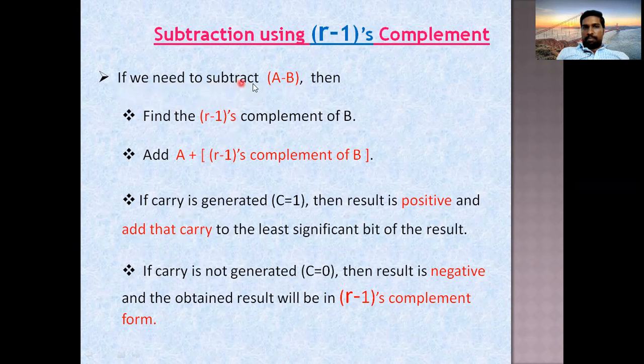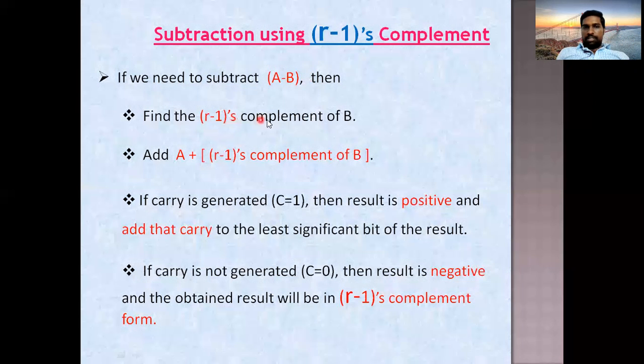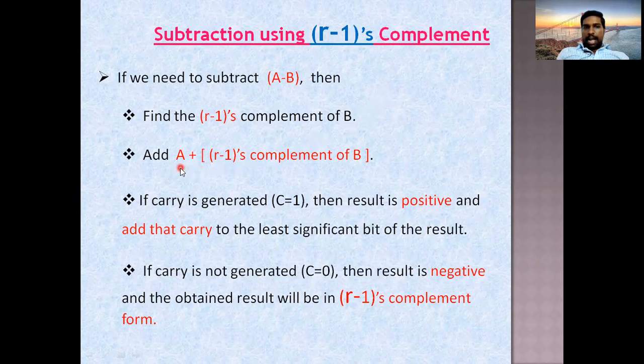Suppose we want to subtract a minus b, then find R minus 1's complement of b. That is the first step. Next, add a plus R minus 1's complement of b. Already I said how the system will take it: a minus b is the manual representation, but the system will take a plus of minus b.